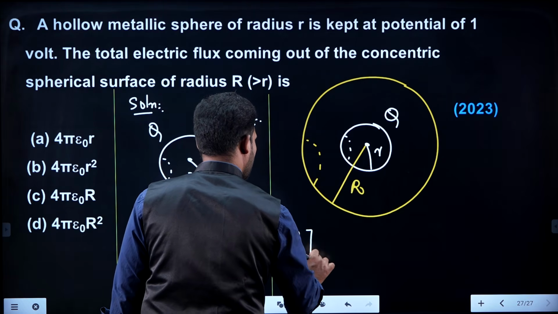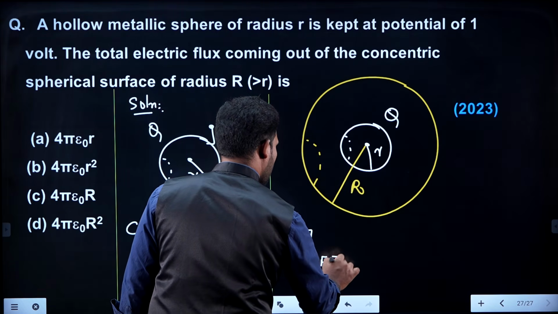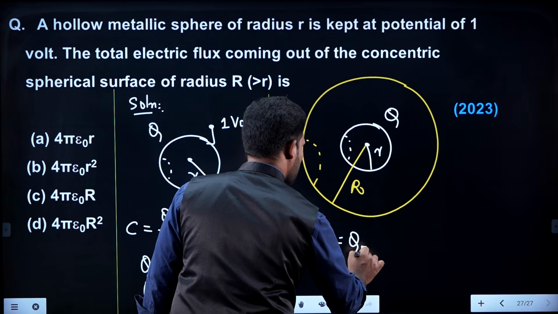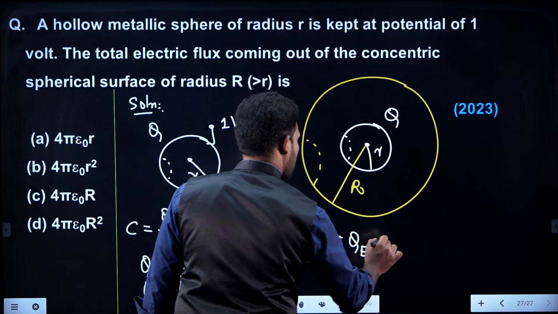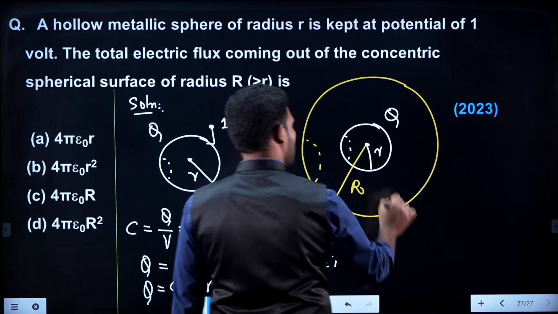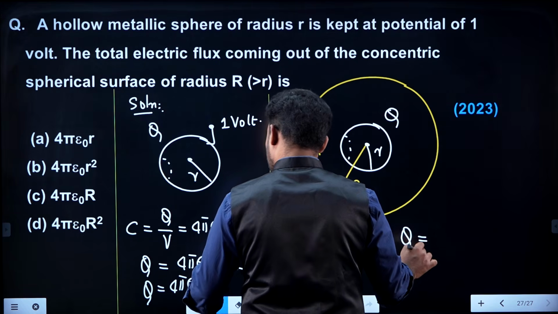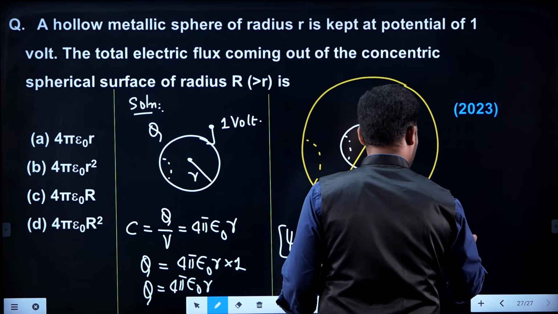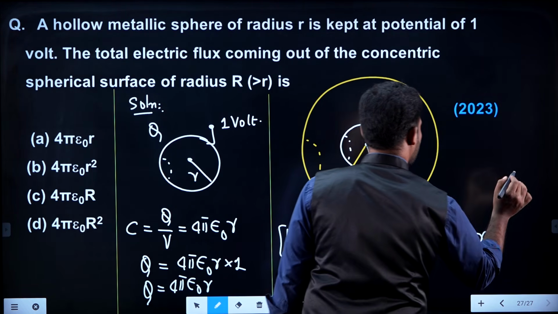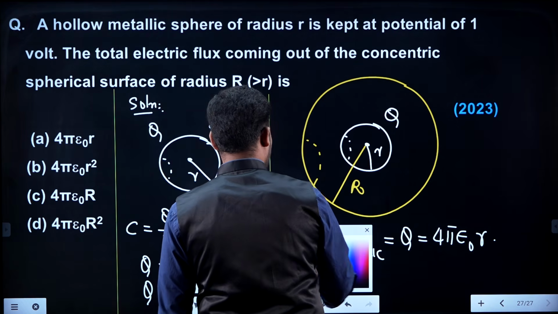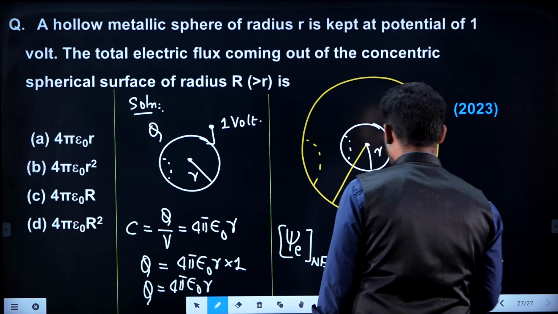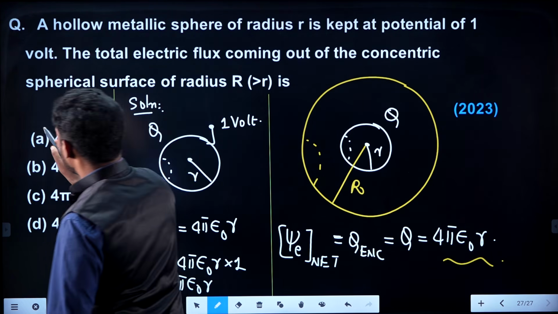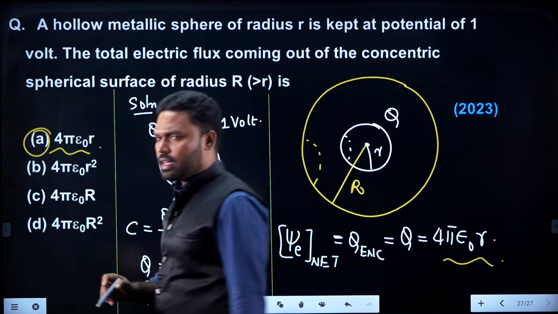Flux coming out of any closed surface is equal to the charge enclosed. So, what is the charge inside? It is Q, which is 4 pi epsilon naught into small r. You must be careful with the small r and capital R. So, option A is the answer. Directly it is a GATE electrical question, 2 marks.